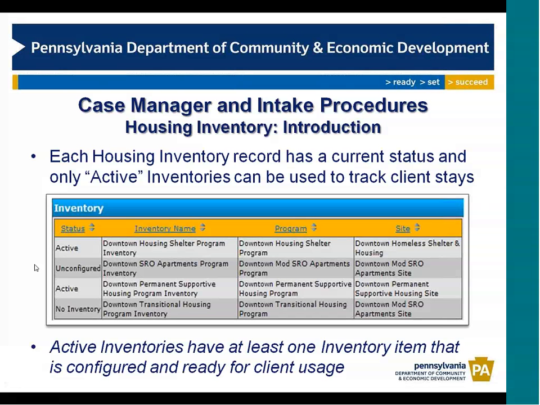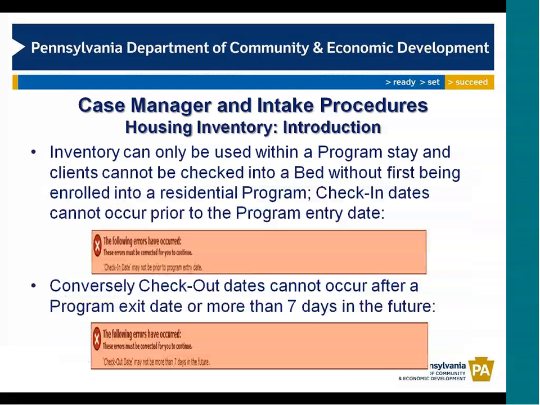An inventory becomes active once it has at least one inventory item that is configured and ready for usage. So if you're working with your agency and you notice that an inventory record should be configured but it's not, or you should have extra ones, that's something to bring up with agency managers, since they handle all the configuration.